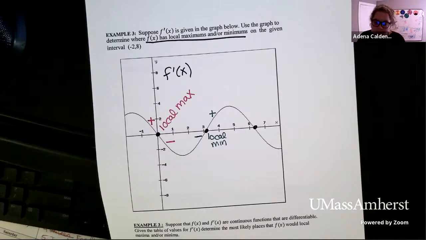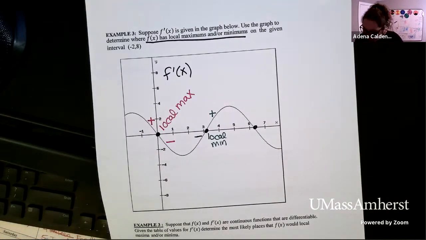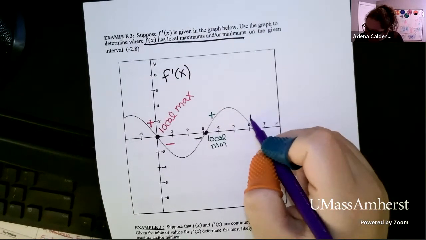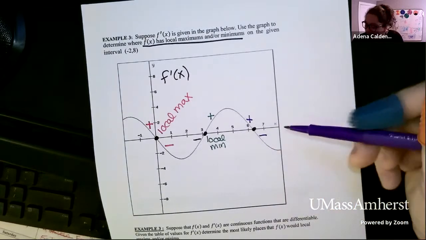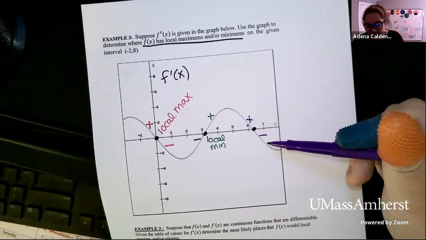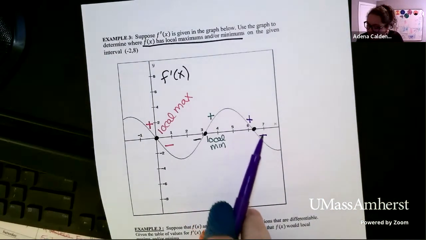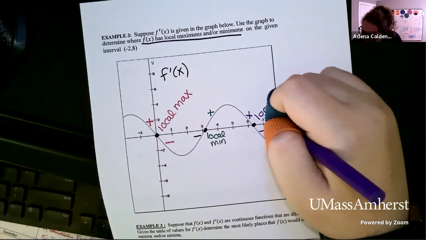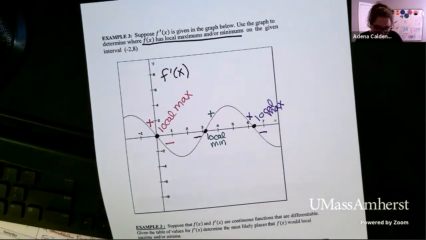Okay, again, this just goes back to the rules. If you go from negative to positive, you have a local minimum. Finally, at my last critical point, again, when I'm above, I'm positive. When I'm below, I'm negative. So from left to right, I go from positive to negative. So I have a local max.